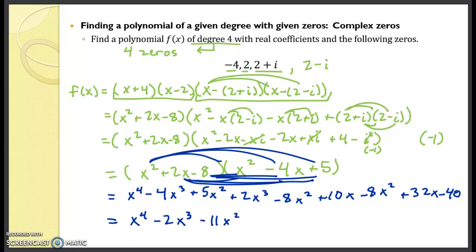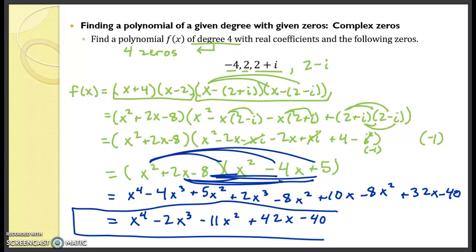And then 10x plus 32x is 42x, and then negative 40. Doesn't have anyone else. So my function f of x is that big old long thing. So that's how we find a polynomial of a given degree with given zeros.